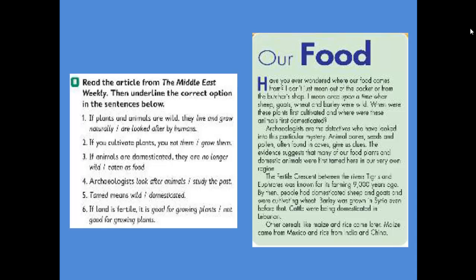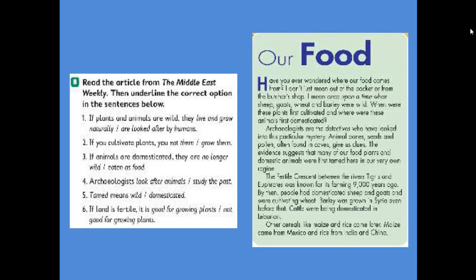Other cereals like maize and rice came later. Maize came from Mexico and rice from India and China. So all of this text talks about our food. Where did our food come from in the past?